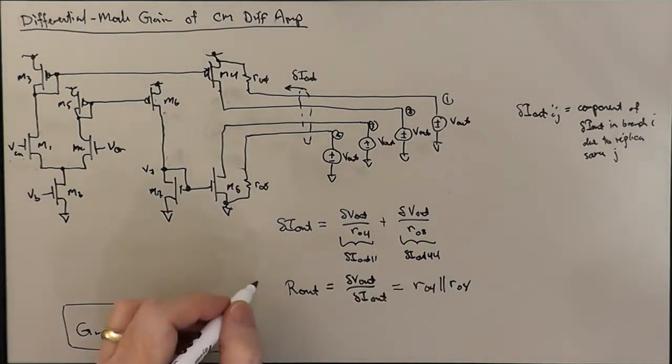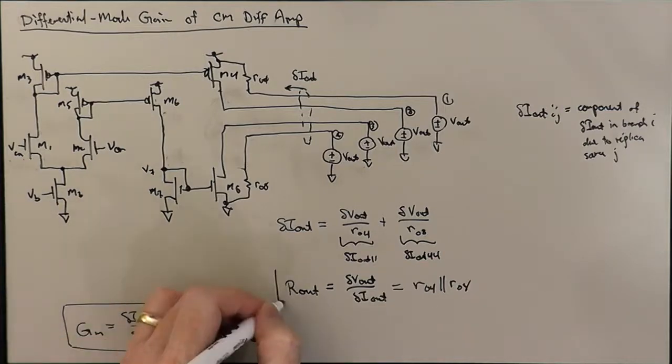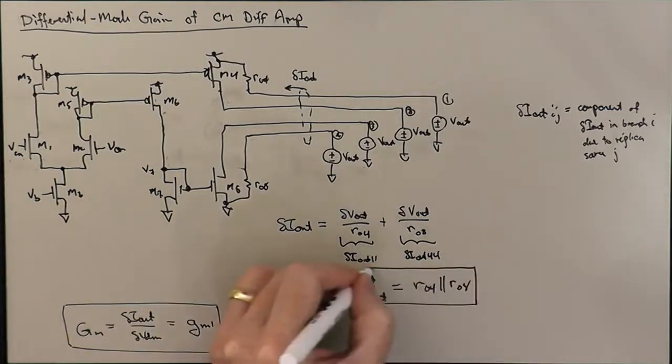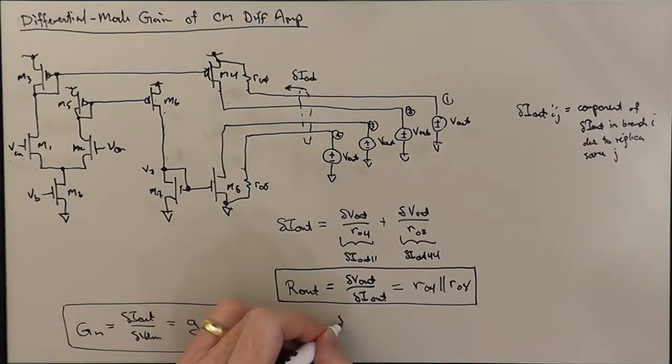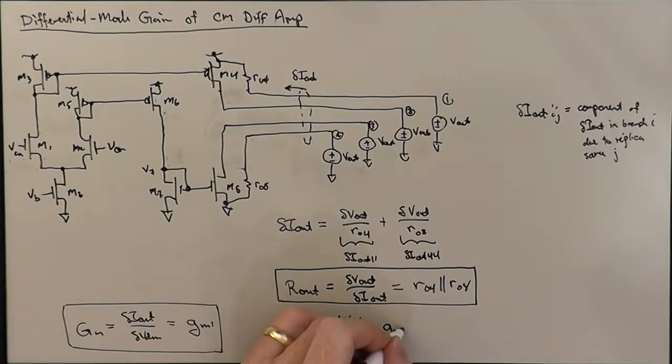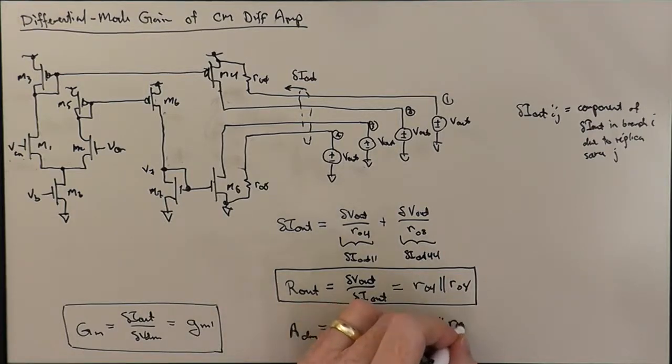And so the differential mode gain, which is just the product delta V out or delta VDM, that's just going to be GM1 times RO4 parallel RO8.